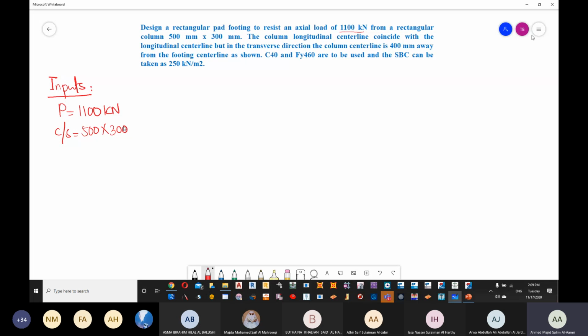Of course, there was a diagram, but I preferred that you understand how to draw the diagrams. It is not necessary for me in the exams; I will bring the drawings for you. C40 and fy 460 are to be used, and the safe bearing capacity can be taken as 250 kilonewton.